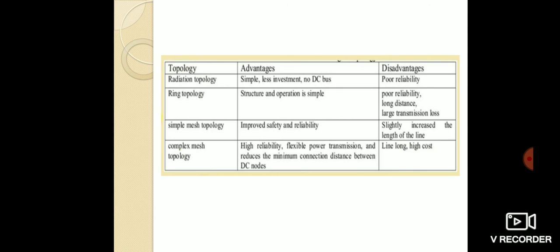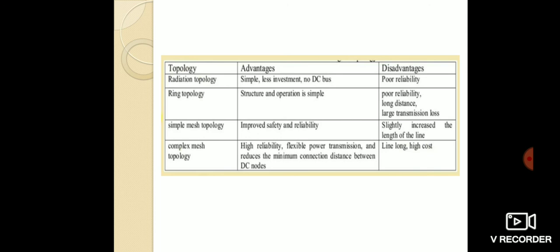Simple mesh topology advantages: improved safety and reliability. Complex mixed topology advantages: high reliability, flexible power transmission, and reduced minimum connection distance between the DC nodes.